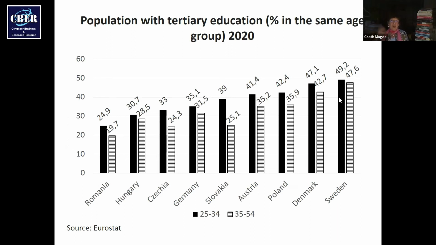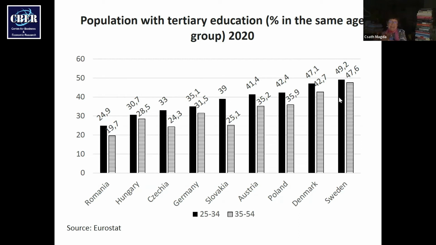Also the knowledge level, skills level is another important human development indicator. You see here the population with tertiary education. Again, what we see in these four V4 countries is that this number is very low in both age groups I am showing to you.